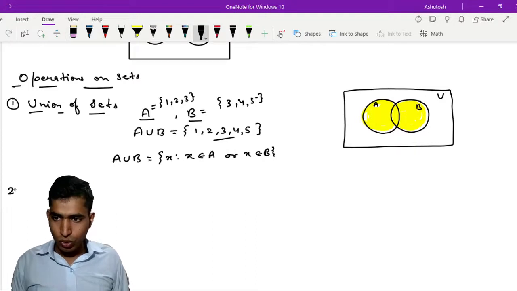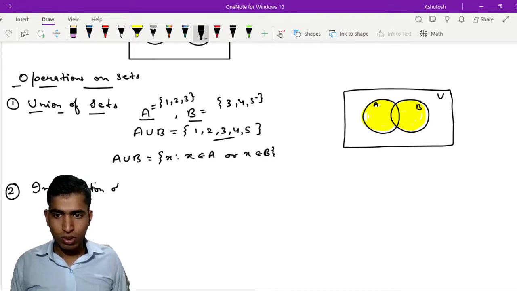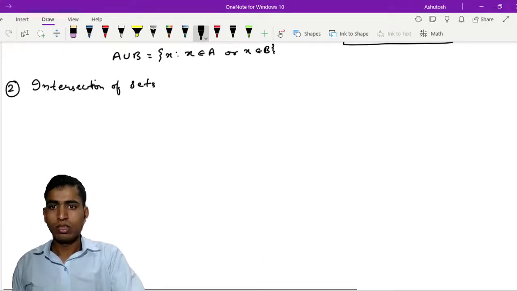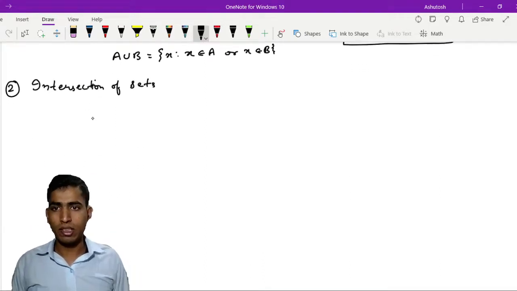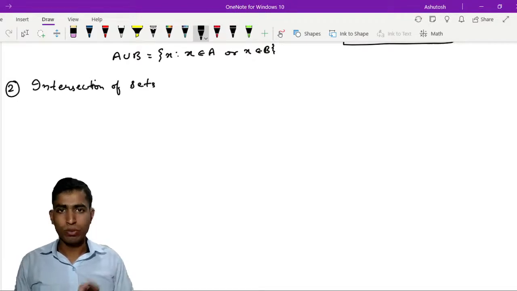So the second one is the intersection of sets. This intersection of sets is like we have defined A equals {1, 2, 3}, B equals {3, 4, 5}.